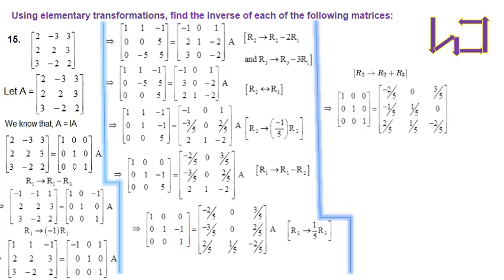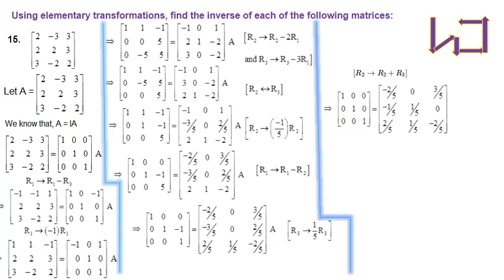After doing the operation, R1 remains the same 1 0 0, we have copied down, then R2 changes to R2 plus R3, that means 0 plus 0 is 0. The next is 1 plus 0 is 1. Next is minus 1 plus 1 is 0. Then R3 remains the same 0 0 1.